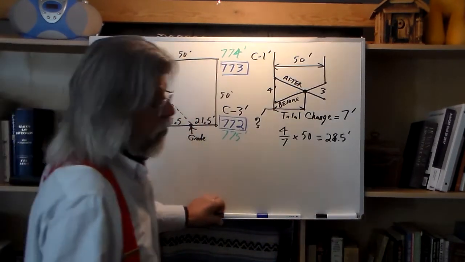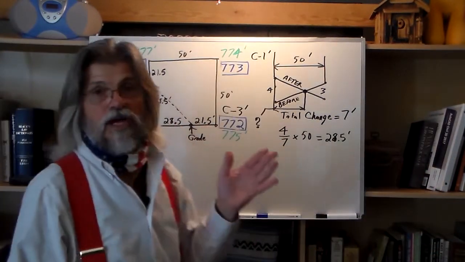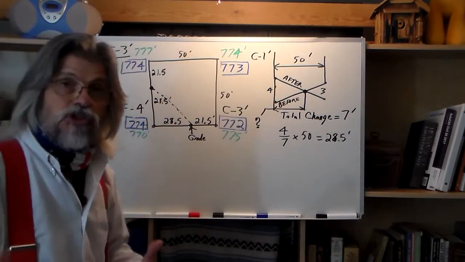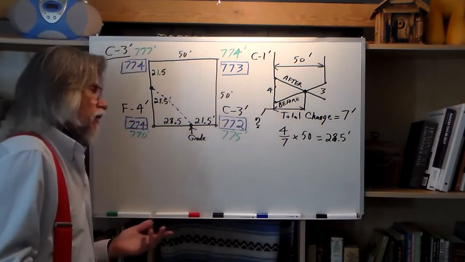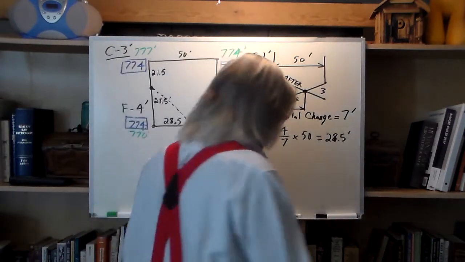Okay, step 1 of the process is out of the way. We figured out where our grade line is. Now all we have to do is figure the average depth of this triangle and then whatever's left over. So the easy thing to do is do the triangle first.